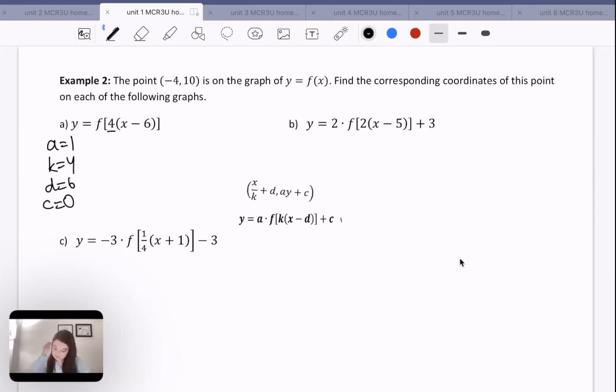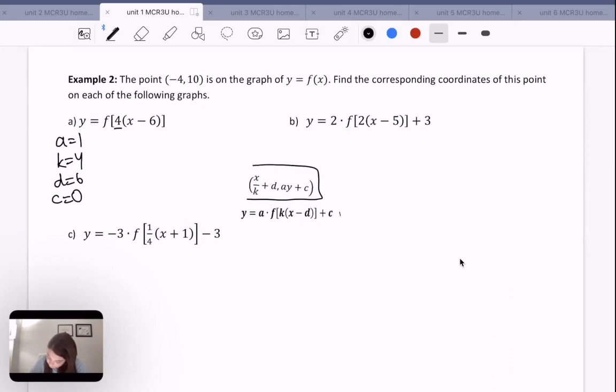So now I'm going to use this equation to find the answer to our question. Okay, so we have x over k plus d. So what's x? Well, x is -4 over k, which is 4, plus d, so plus 6. That's our x coordinate.